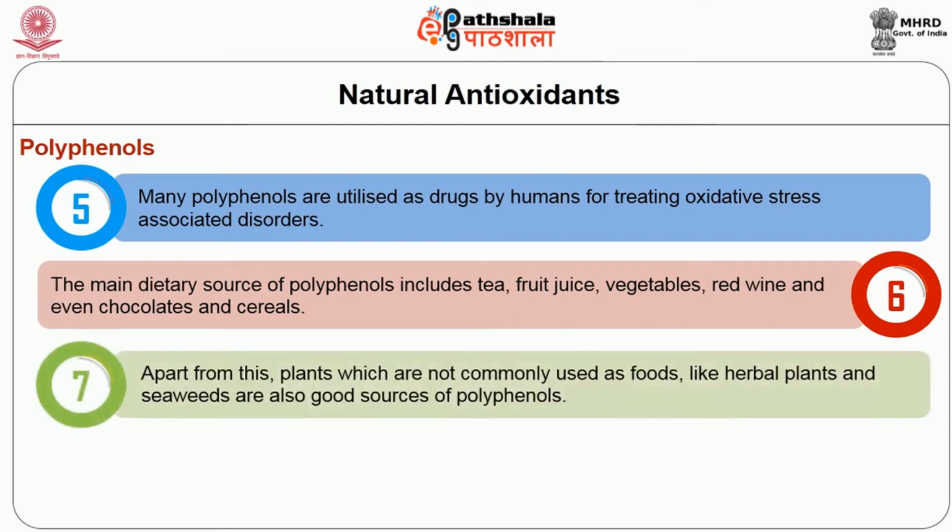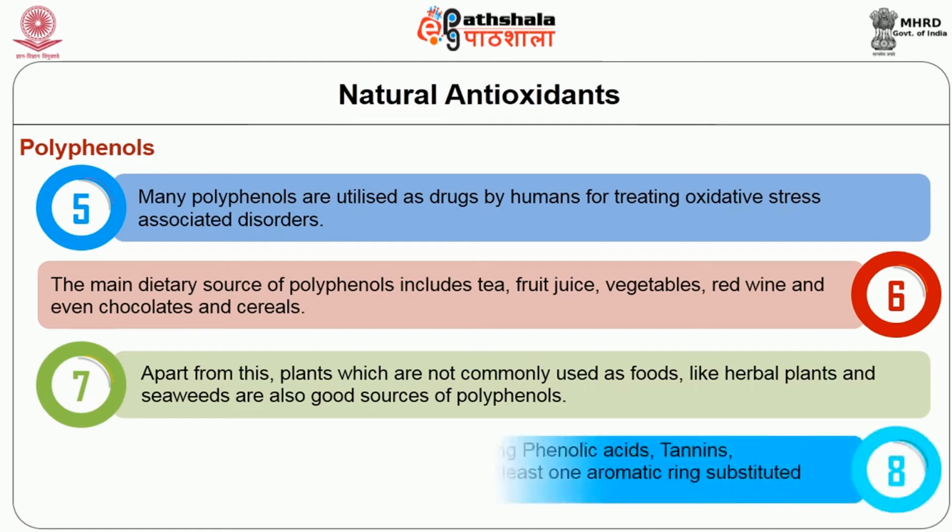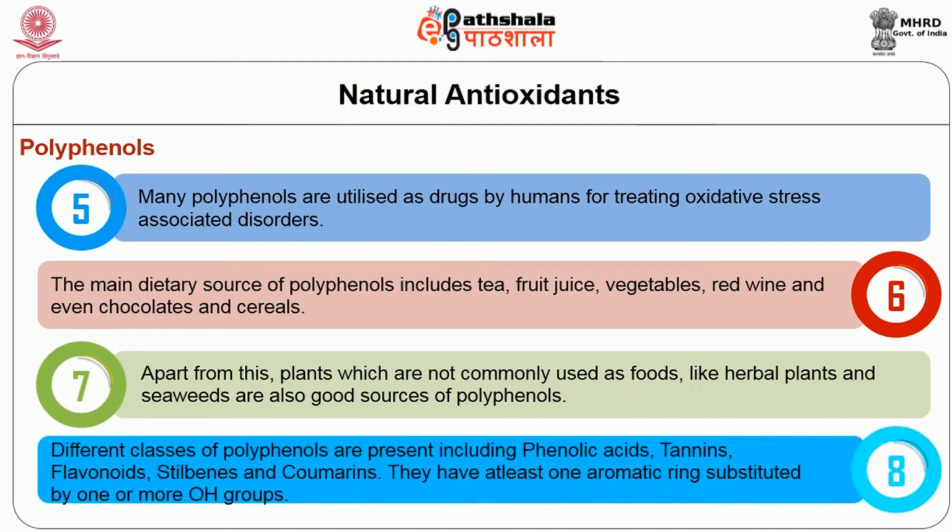Apart from this, plants which are not commonly used as foods, like herbal plants and seaweeds, are also good sources of polyphenols. Different classes of polyphenols are present, including phenolic acids, tannins, flavonoids, stilbenes, and coumarins. They have at least one aromatic ring substituted by one or more hydroxyl groups.